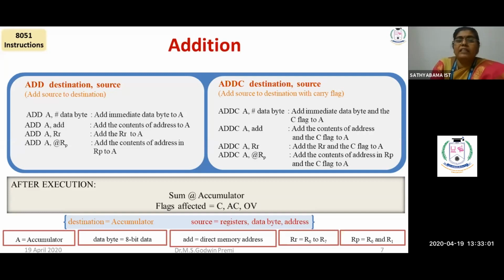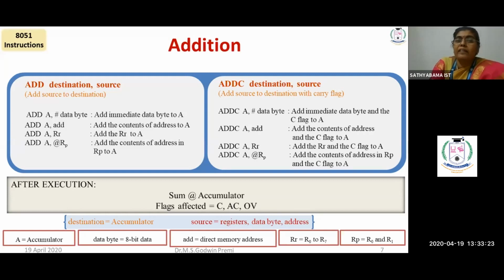That means the contents of R7 are added with the accumulator and the result is stored in the accumulator. So here we have 4 instructions in the first mnemonic. ADD A, #data byte: that is, 8-bit data is directly given in the instruction itself.